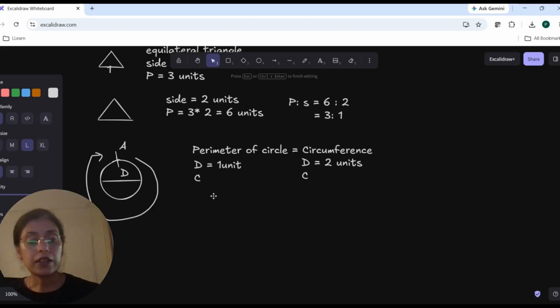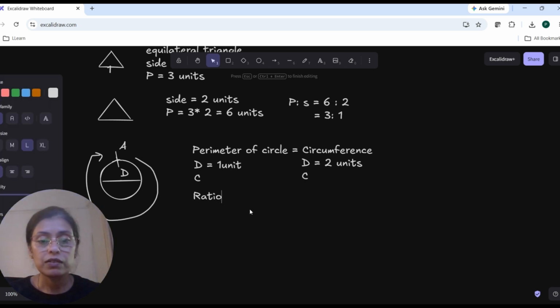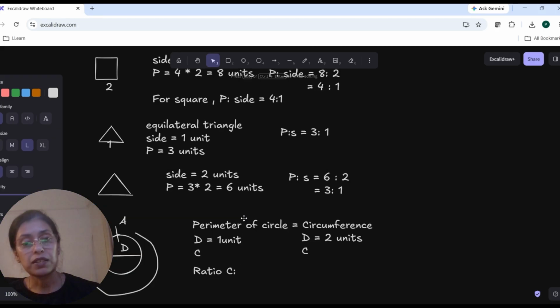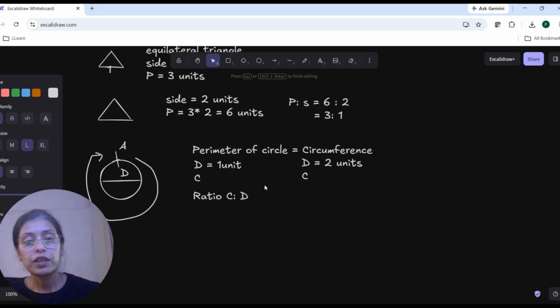Now they started seeing the ratio here. Okay, they started comparing the ratio just like they did in the earlier shapes, right? So the circumference to diameter ratio for this particular circle, how much is it?